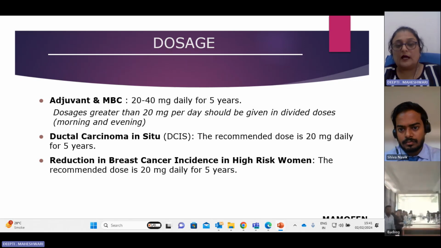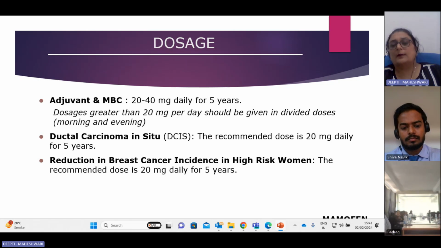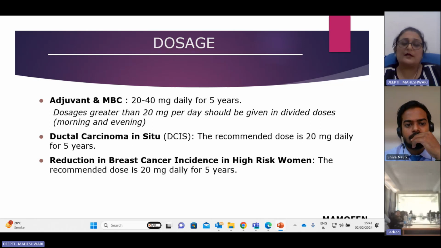Okay. For ductal carcinoma in situ, the recommended dose is 20 milligram for 5 years. And for reduction in breast cancer incidence in high risk women, 20 mg daily is recommended for 5 years. So if you get a patient who is put on tamoxifen, then generally the patient will continue the therapy for 5 years, unless and until the disease progresses or the patient suffers from some side effects, which is very, very low with tamoxifen.